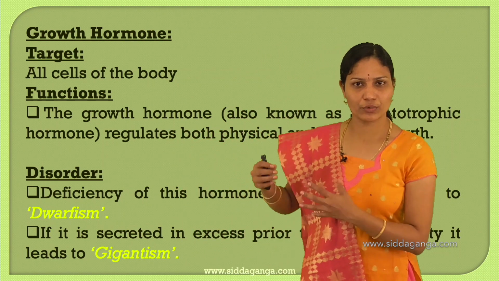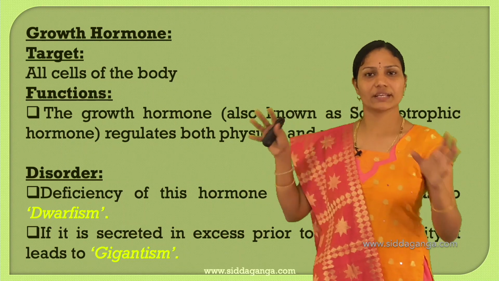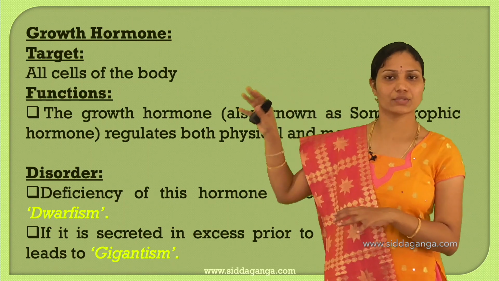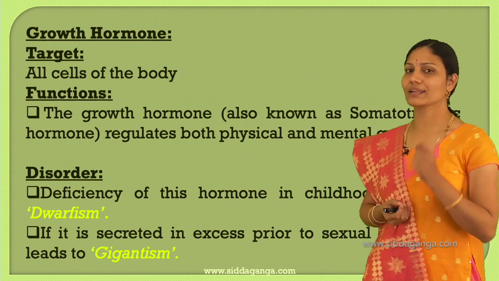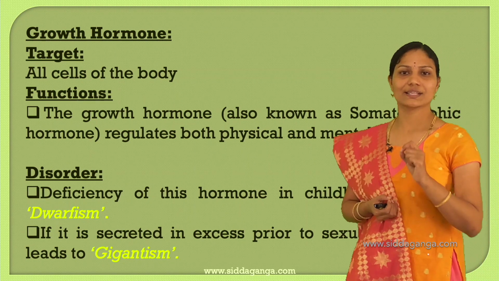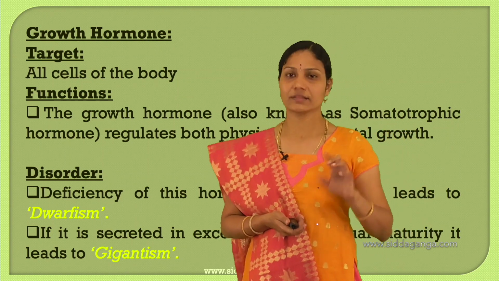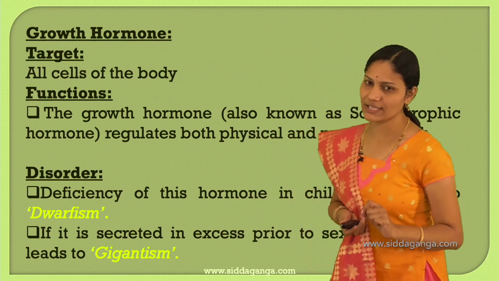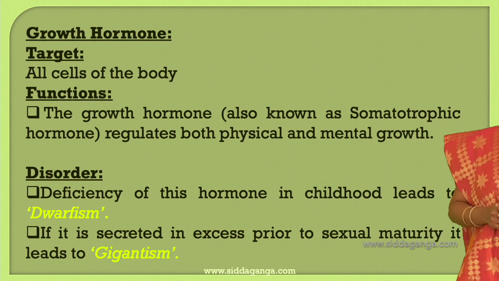The release and activities of those hormones influence various activities of different organs of our body. So the timing and the quantity of the hormone released is very, very important. It must be very much balanced. This growth hormone regulates both the physical and mental development and growth of an individual.